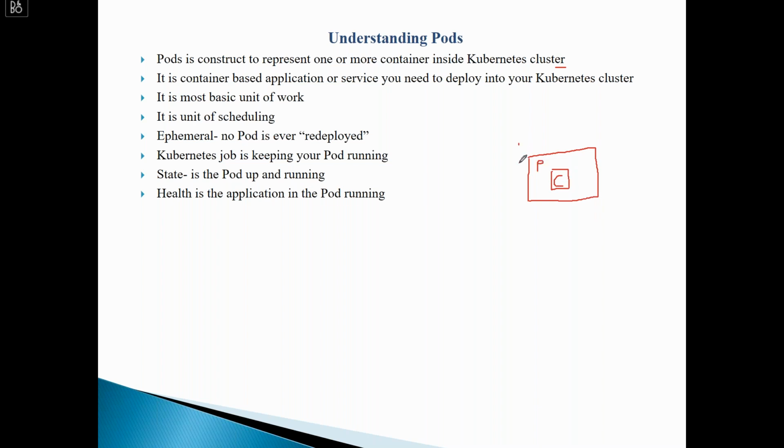And pods come under nodes, and nodes come under the Kubernetes cluster. This is the architecture for Kubernetes. So a container comes under pods, or more than one container comes under pods, and pods come under nodes. Nodes means virtual machines, and nodes come under the Kubernetes cluster.